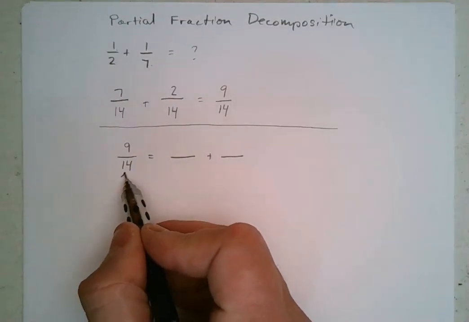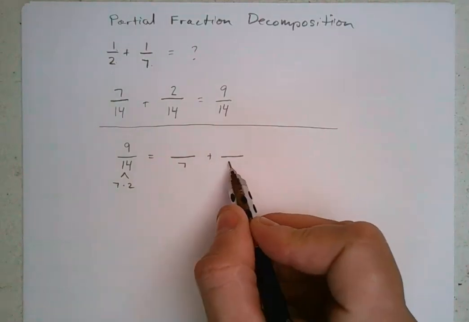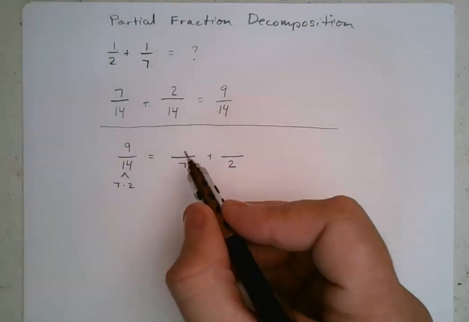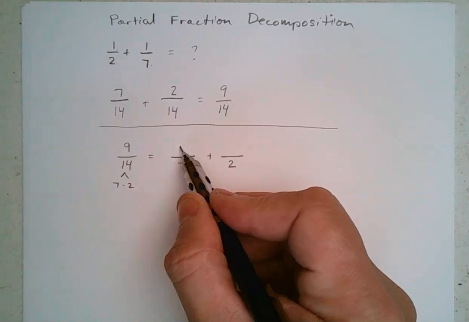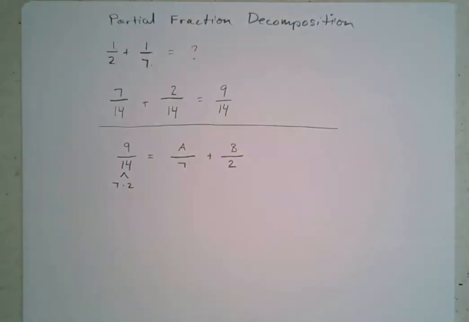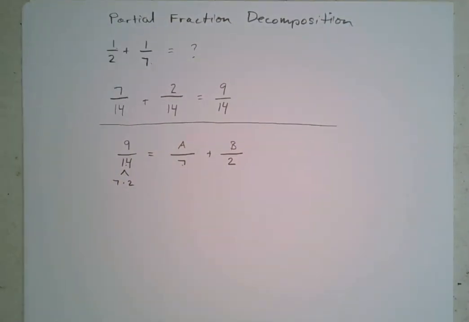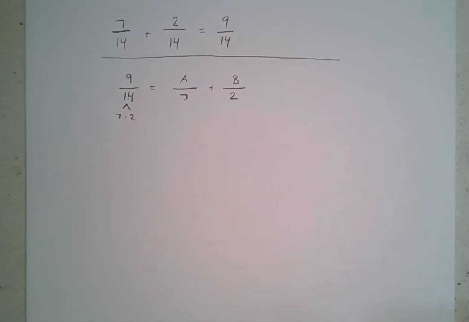Now, since this has factors of 7 and 2, we assume one of these has a denominator of 7 and one has a denominator of 2, and we'll set these to x and y, or in this case a and b, and you'll solve for a and b. Okay, that is the idea behind partial fraction decomposition. You take a fraction and you break it into two or more smaller fractions. There is a catch. The catch is we are not going to do this with numbers. We do it with rational functions.